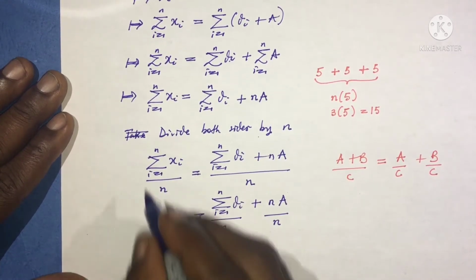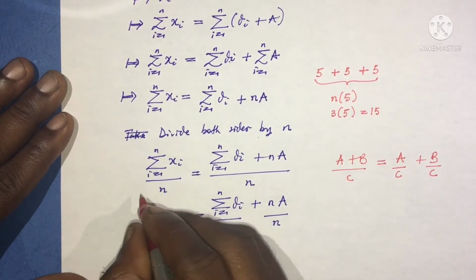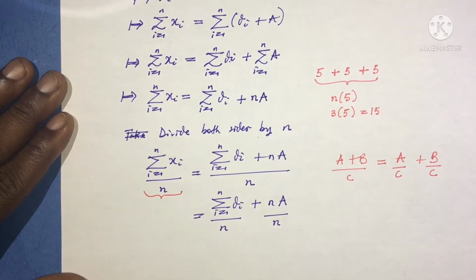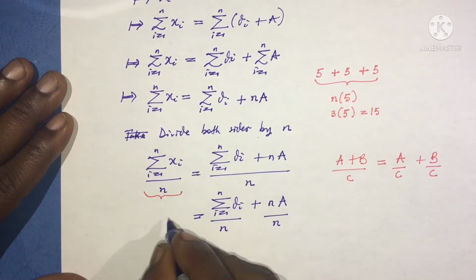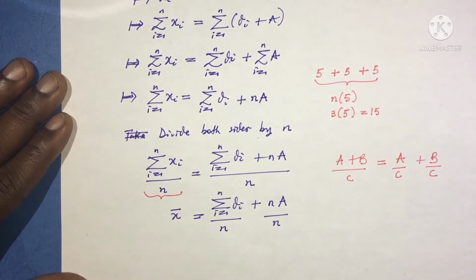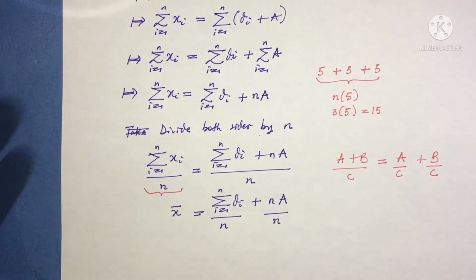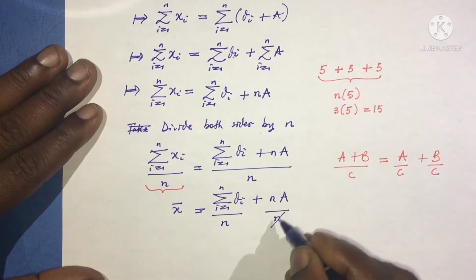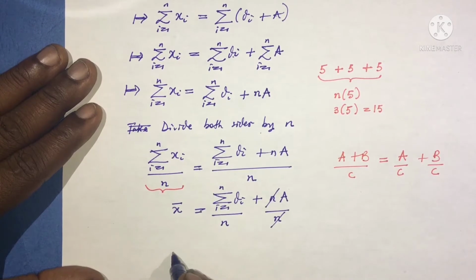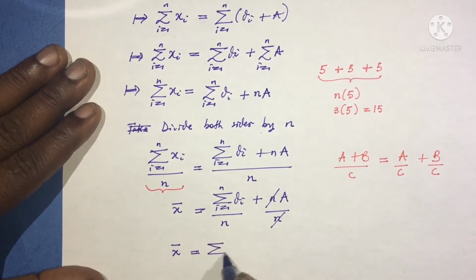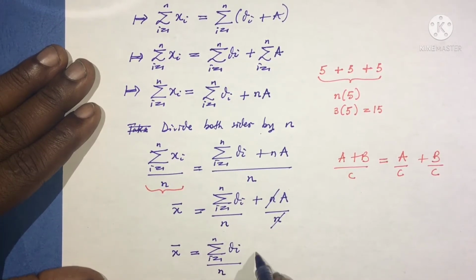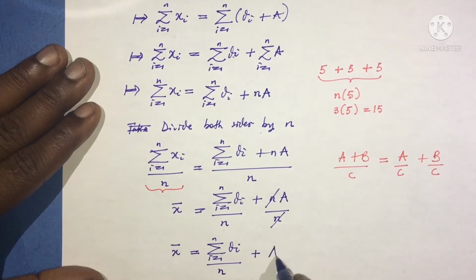And take note of this: the left side was our very definition of x bar. Now on this other side, n cancels n, and we are left with x bar equals summation from i equals 1 to n of all di's all over n plus a.